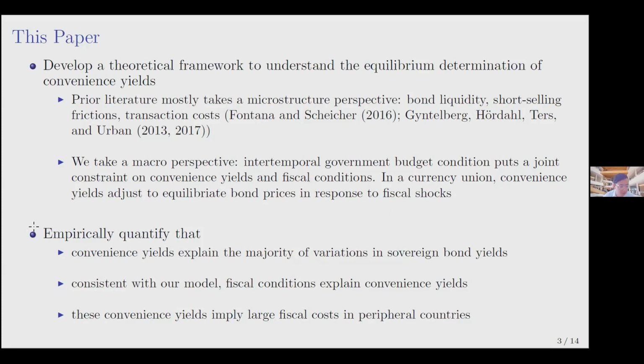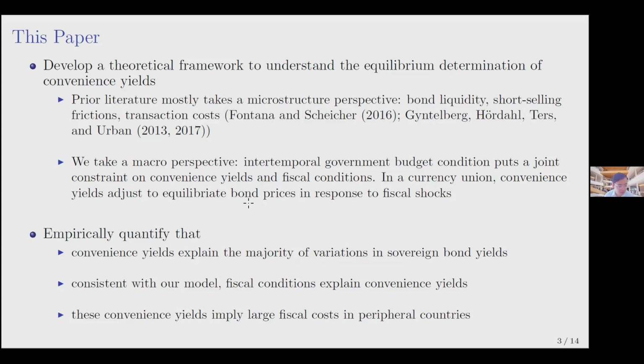In a currency union, because the risk-free rate is common to all countries, then the convenience yields have to play a more active role to adjust in order to equilibrate the bond prices in response to fiscal shocks. We will lay out this theory in detail, which at the end will show that the convenience yield variations are also tied to fiscal conditions of different countries.